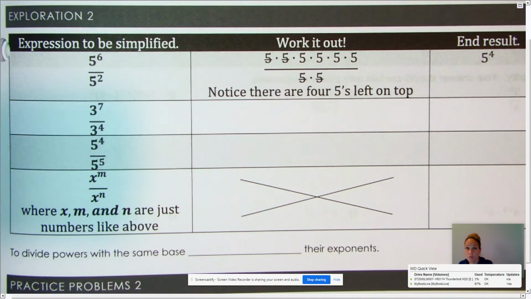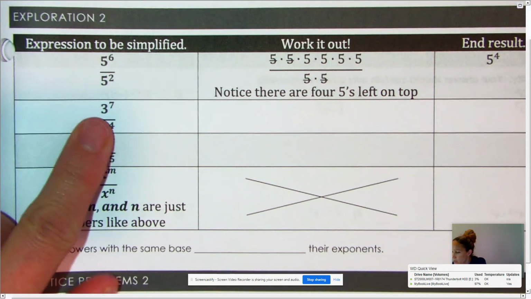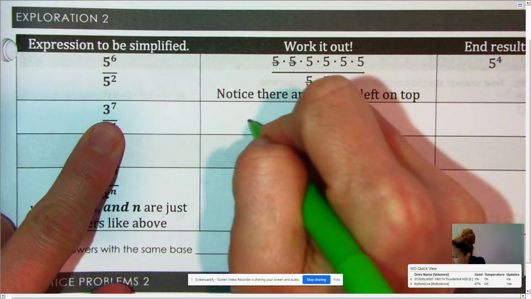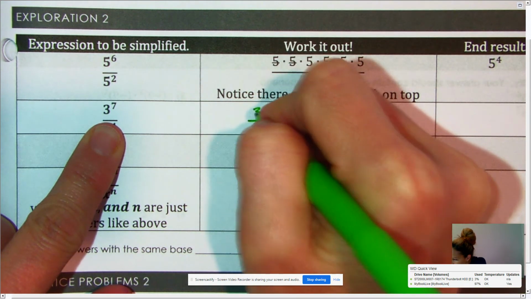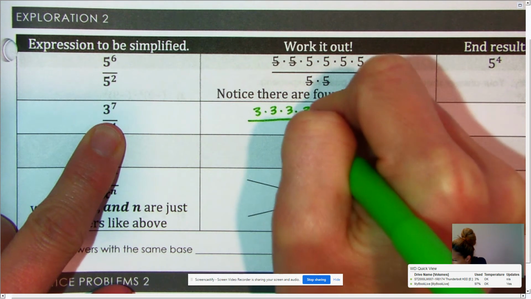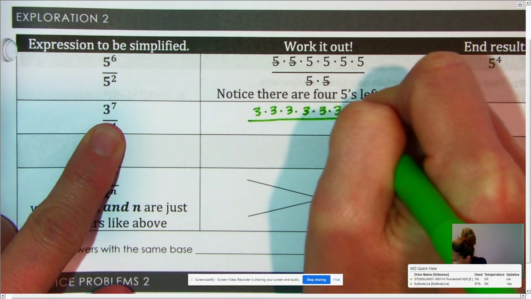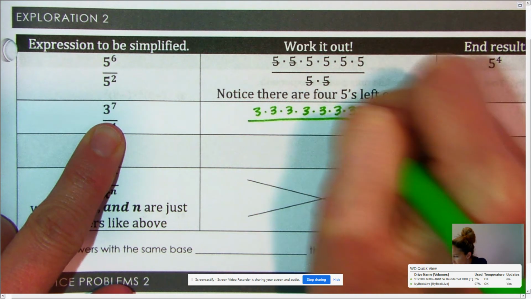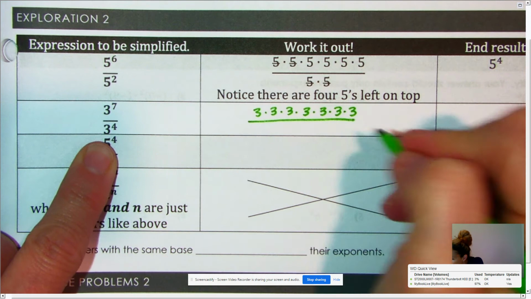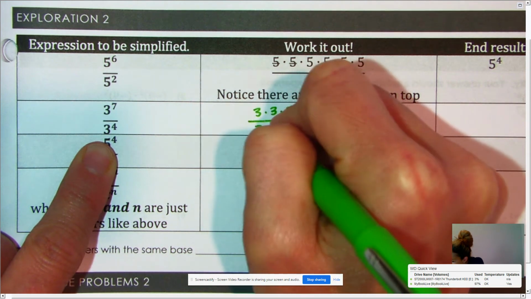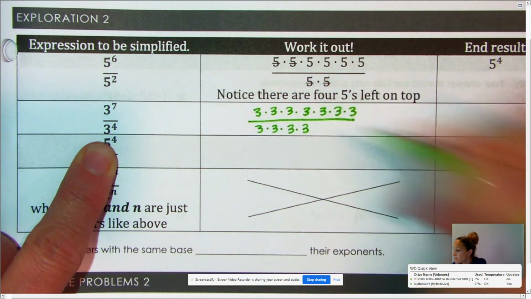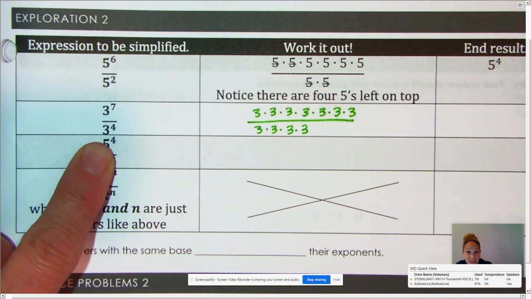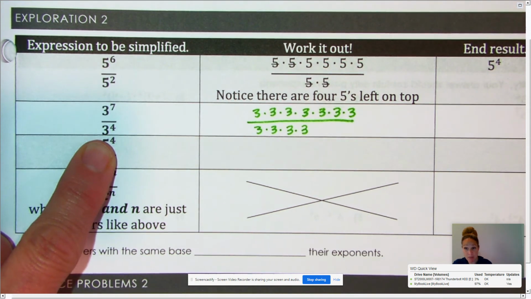So we're going to write these out. If I have 3 to the 7 on top, that's like having 3, 3, 3, 3, 3, 3, 3, 1, 2, 3, 4, 5, 6, 7. Perfect. And then I've got 4 on the bottom, 1, 2, 3, 4. I can cancel things out that are the same in the top and the bottom, right?